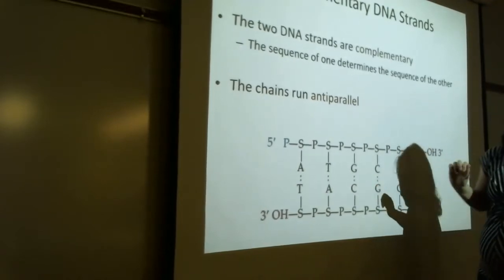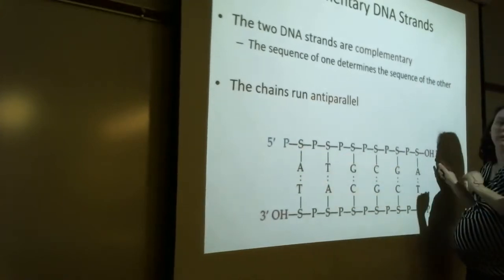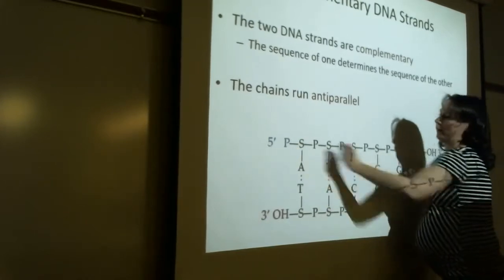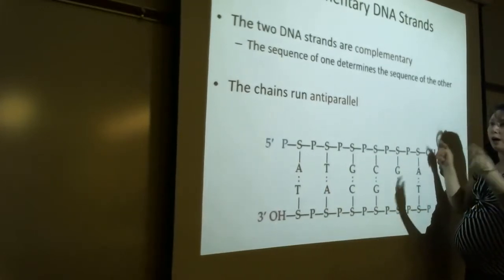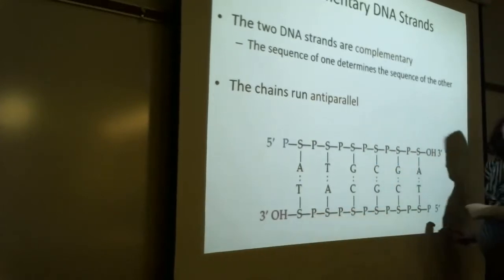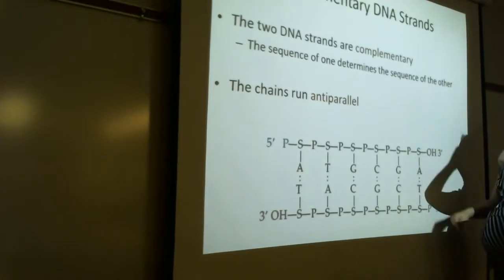What does that mean? That means that one strand is going 5' to 3', right? And that's the one we sequence, because we sequence from 5' to 3'. So what would the complementary strand be? It's got to run 3' to 5', right? It's like on the highway, one's going north, one's going south, right?